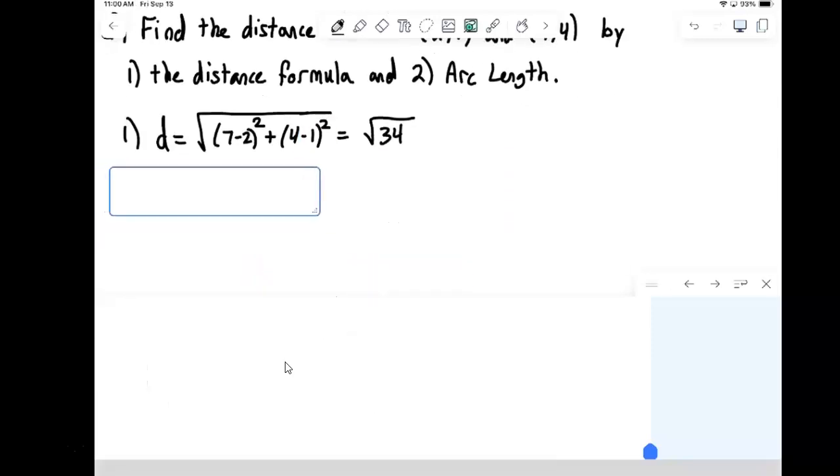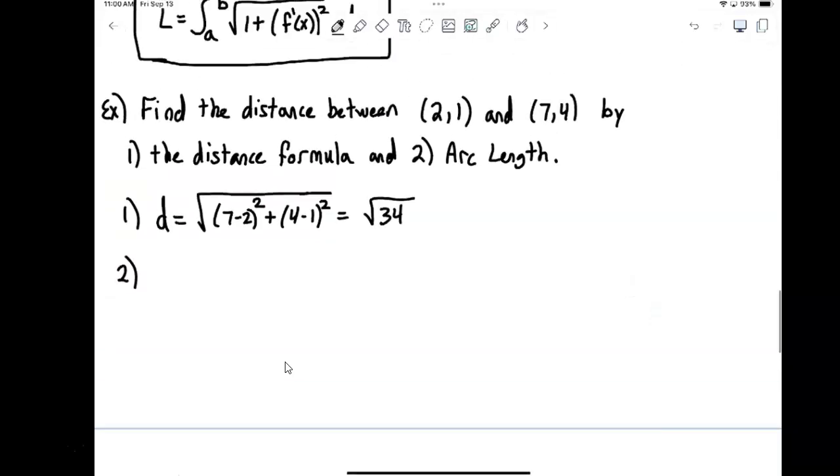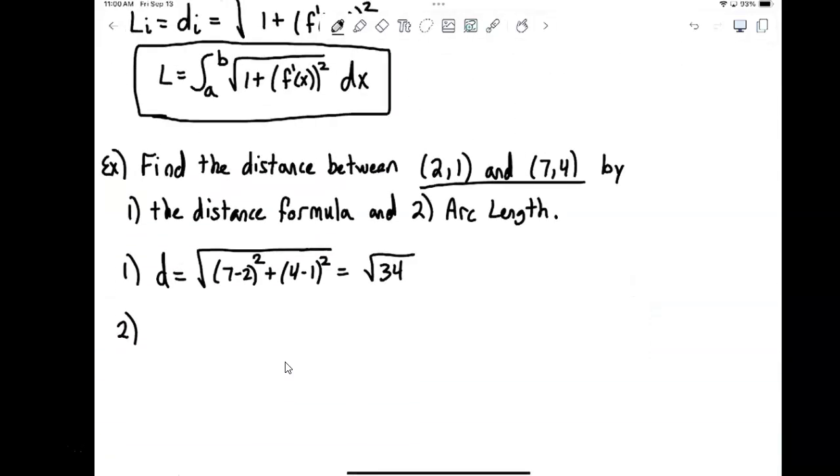Now, when we come to using the arc length, again, I want you to remember here that when it comes to arc length, we're thinking of these points as being connected by a straight line. So here I have the point (2, 1), the point (7, 4). They're connected by a straight line. So the function that we're dealing with here would actually just be the equation of the line.